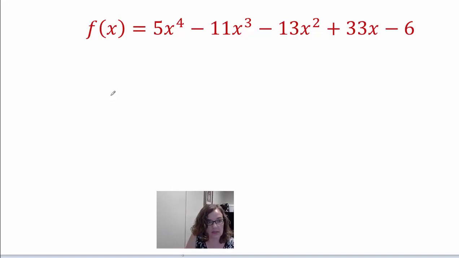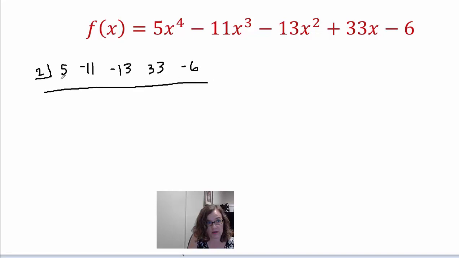All right, so I have over here 5, negative 11, negative 13, 33, negative 6. And I know 2 will work. Drop the 5, I get 2 times 5 is 10, negative 1. 2 times negative 1 is negative 2, I get negative 15. 2 times negative 15 is negative 30.